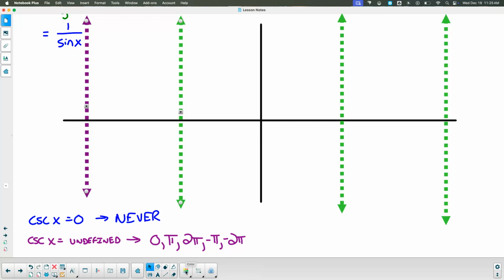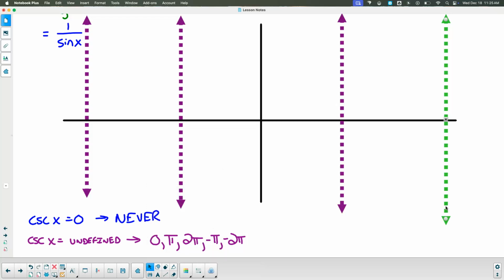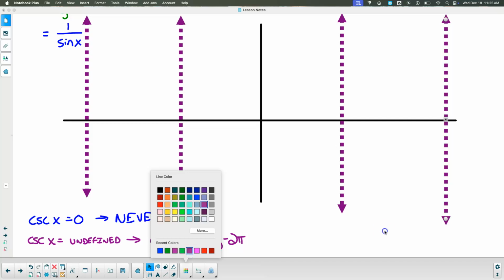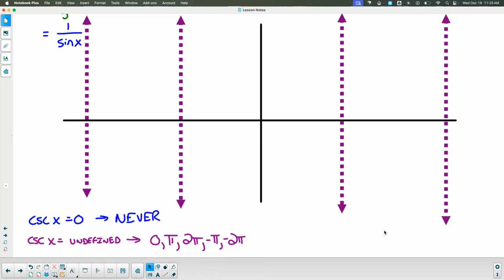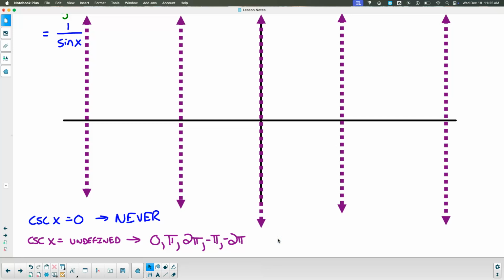Come on, change colors then. Okay. Oops, I missed one. Yes?